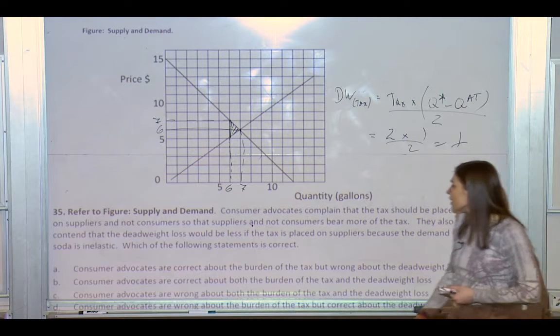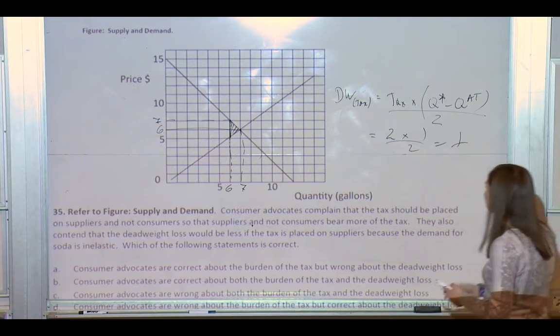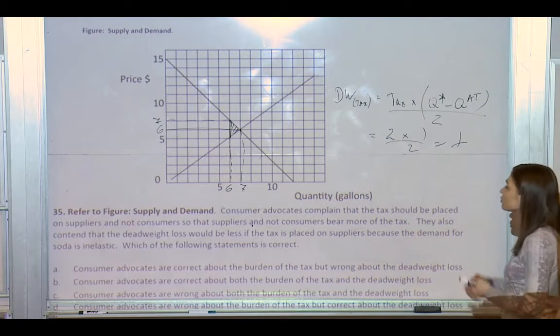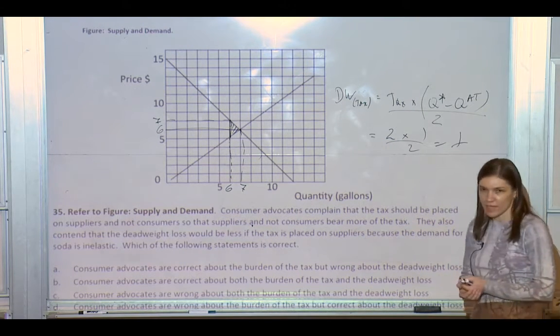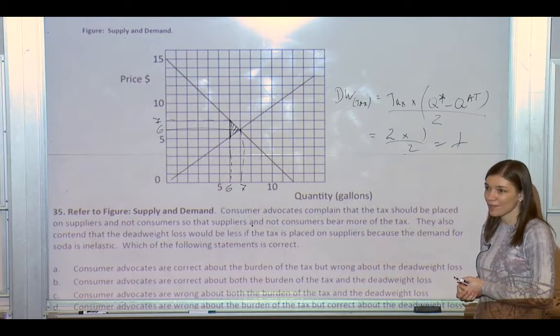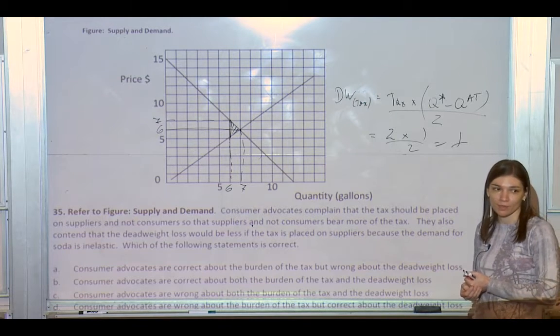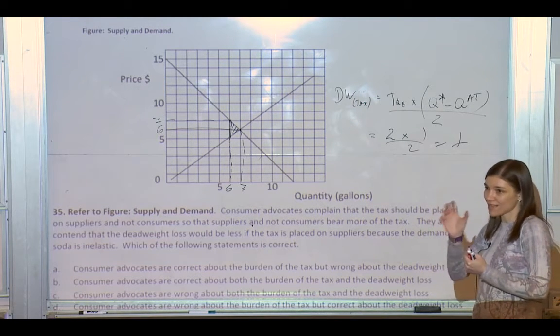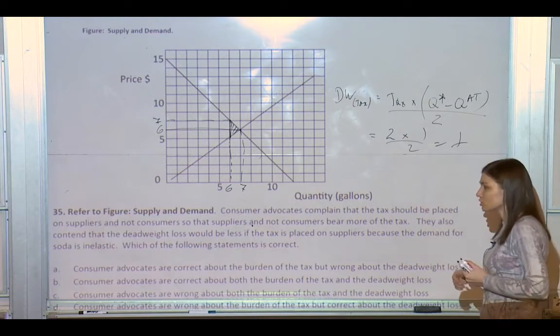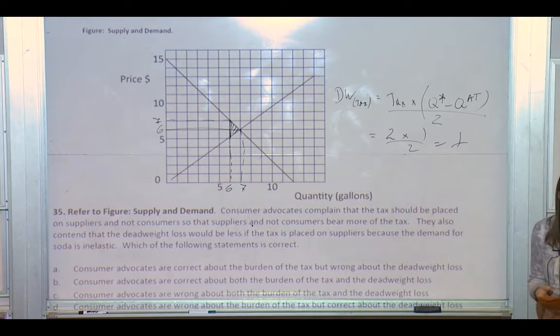All right, so consumer advocates complain that the tax should be placed on suppliers and not consumers, so that suppliers and not consumers bear more of the tax. Is that true? No. It doesn't matter who ends up paying it. It's always going to be whatever the tax burden, the tax incidence is. It's constant, whether you charge suppliers or buyers the tax.